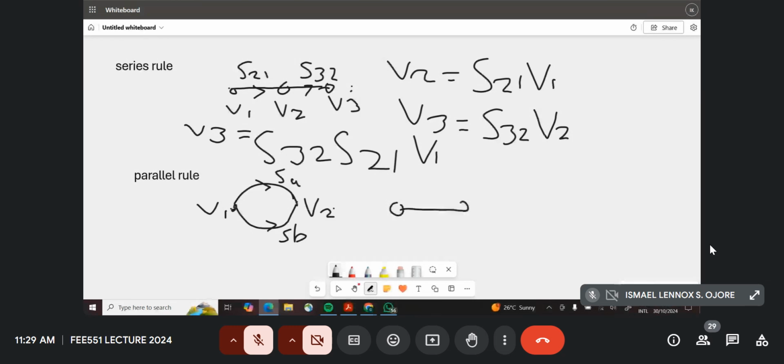So solving it to bring one branch V1, V2, V2 will be equal to V1 times the sum of the branches, SA plus SB.